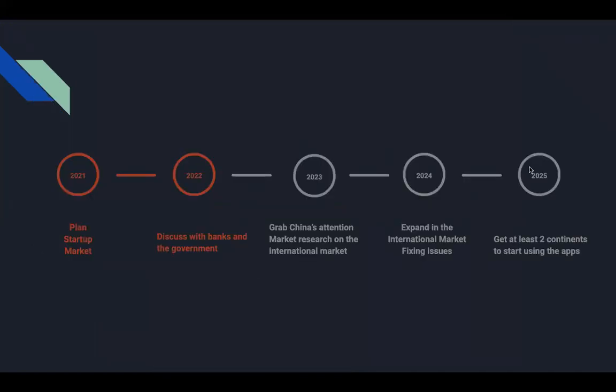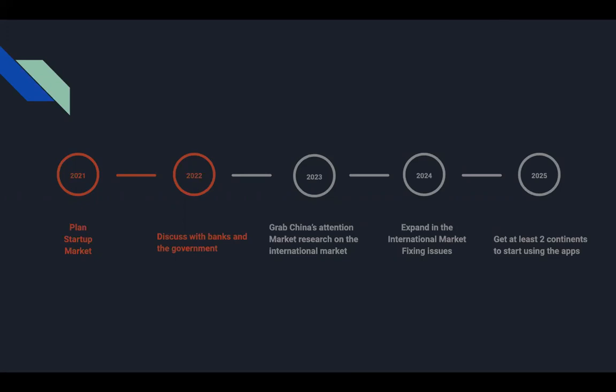Okay, now we're going to go over the 5-year development plan. In 2020, we're going to plan out what we're going to do. In 2021, we're going to start the company up and start marketing. By 2022, we're going to discuss with the banks and the government and keep track of our progress. In 2023, we're planning on getting all of China to use our platform, and we're also going to start doing some research for the international market.